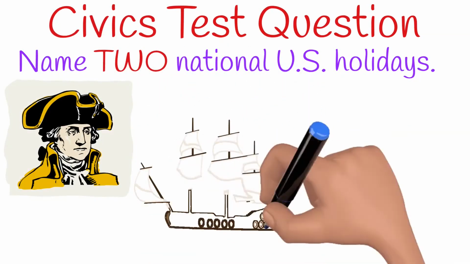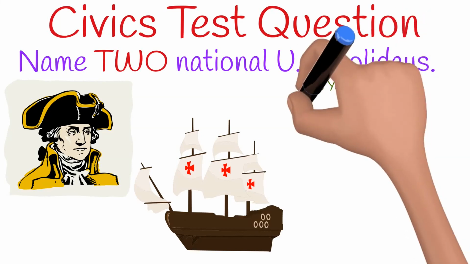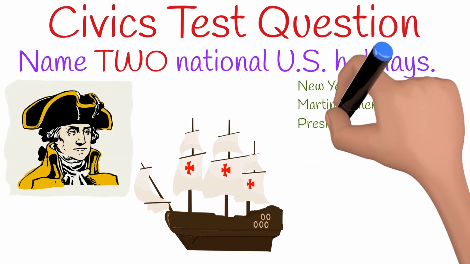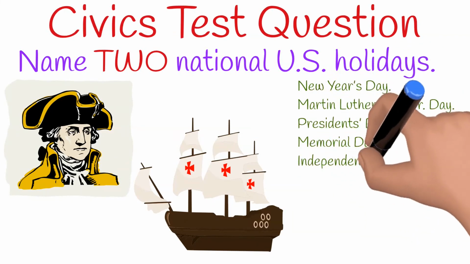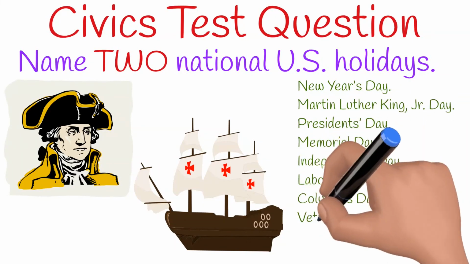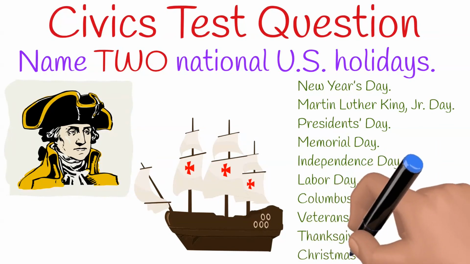You can answer any 2 of the following: New Year's Day, Martin Luther King Jr. Day, President's Day, Memorial Day, Independence Day, Labor Day, Columbus Day, Veterans Day, Thanksgiving, Christmas.